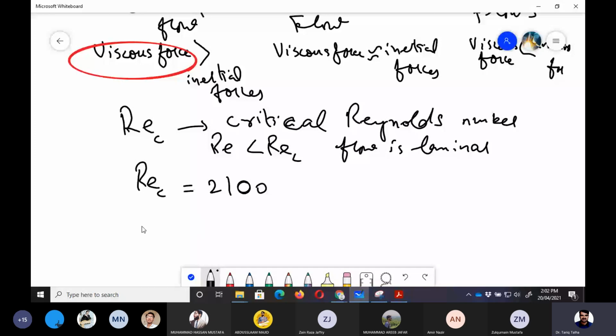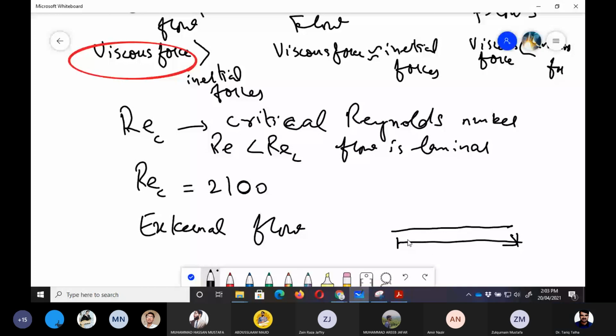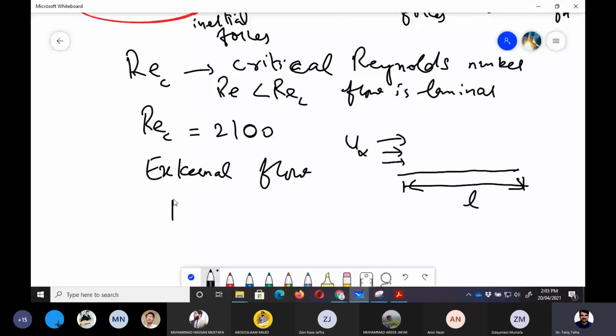For the external flows, when we have a flow over a surface of length L, and U infinity is the velocity coming over this plate, we define Reynolds number for this case as U infinity times length divided by the kinematic viscosity, and the critical Reynolds number in this case is 5 times 10 to the power 5.